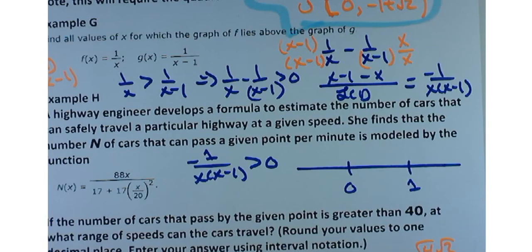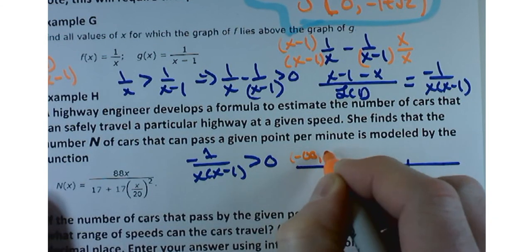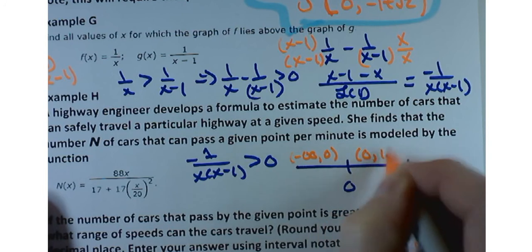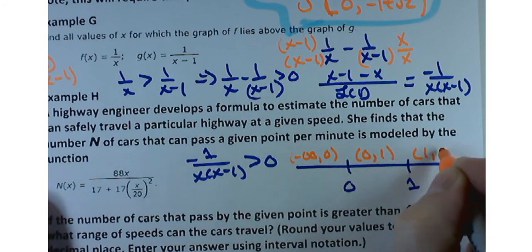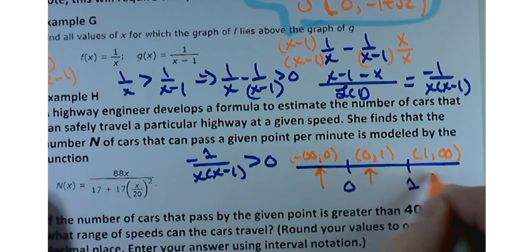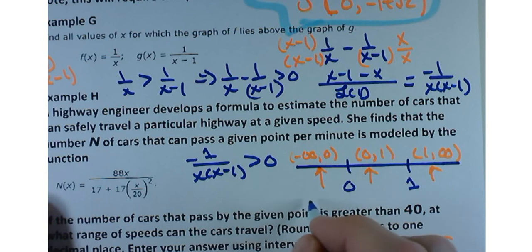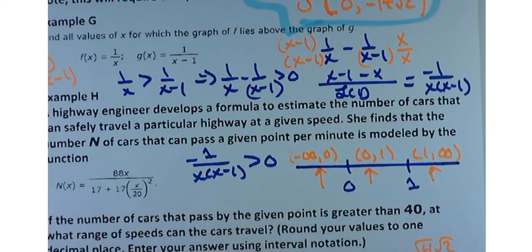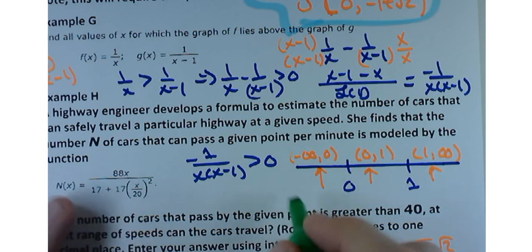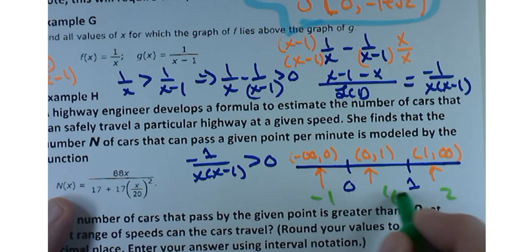Now I need some test points for these intervals. So my intervals are negative infinity to 0, 0 to 1, and 1 to infinity. What would be some easy test points? Sure. Negative 1, 1/2, and 2.